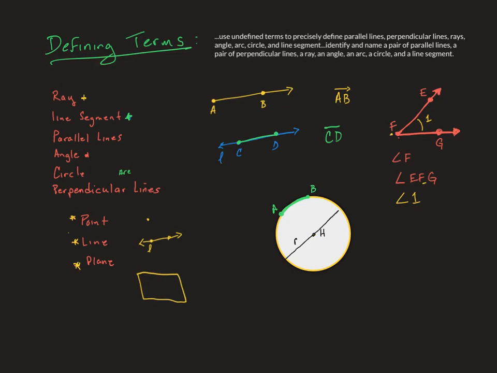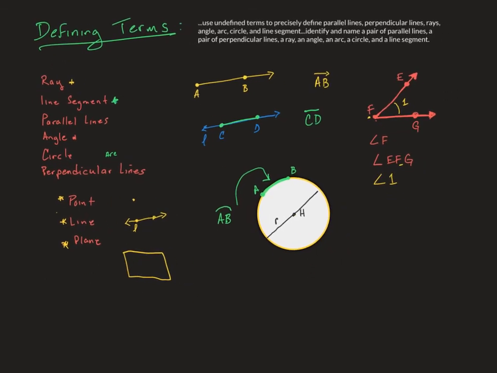If I wanted to identify that, it would be arc AB, right there. So just throwing some information out here, sort of showing how you label it and identify it.